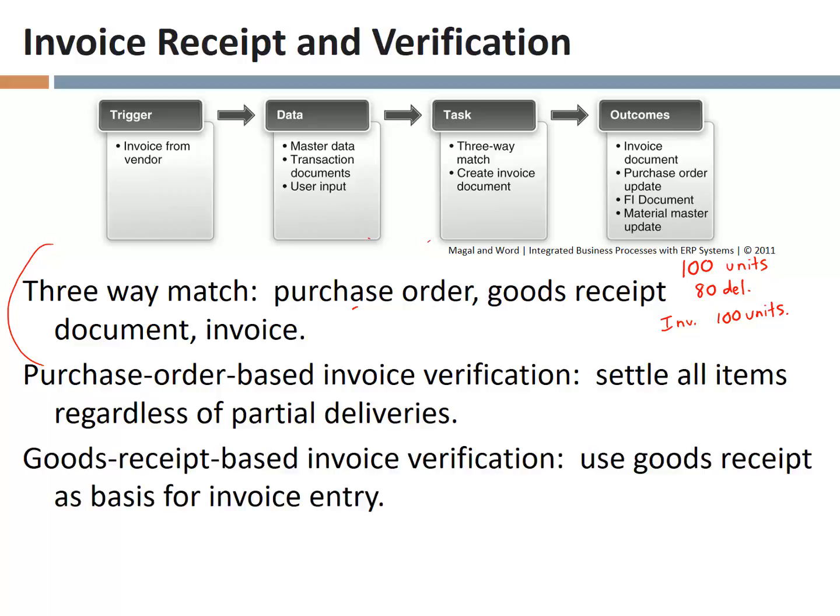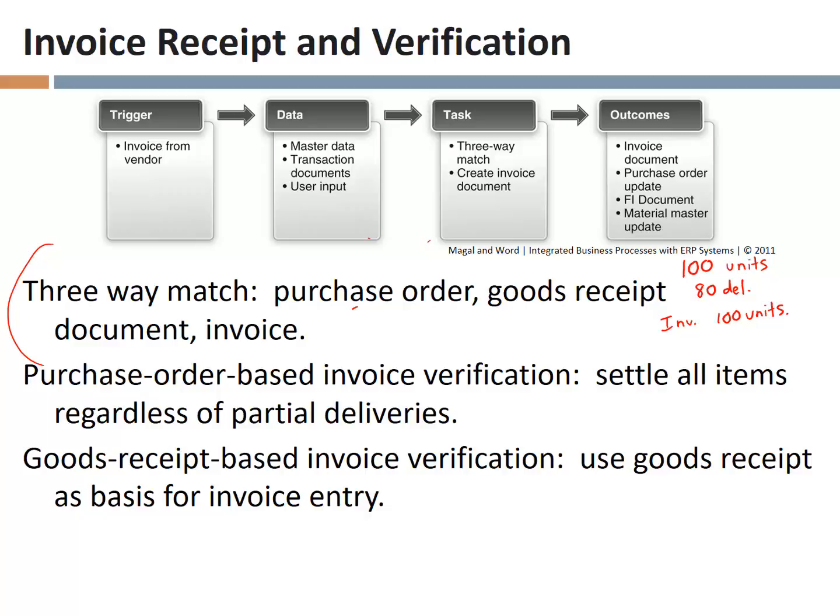The other scenario is probably what most of you would think would be typical, which is we look at the goods receipt too. And we make sure the goods receipt is correct, and we pay based on the goods receipt. And that's called goods receipt-based invoice verification.